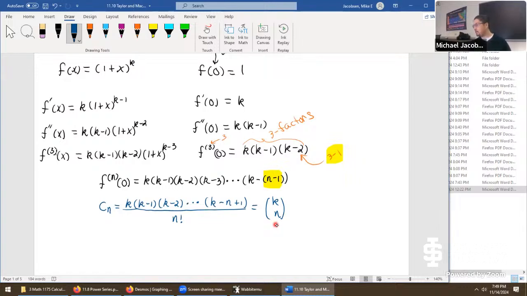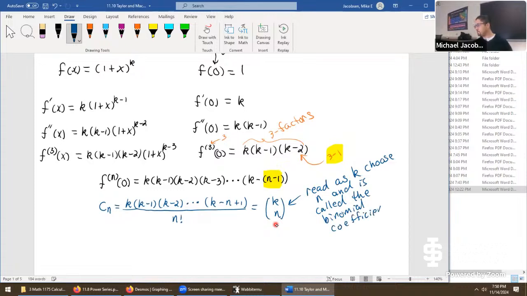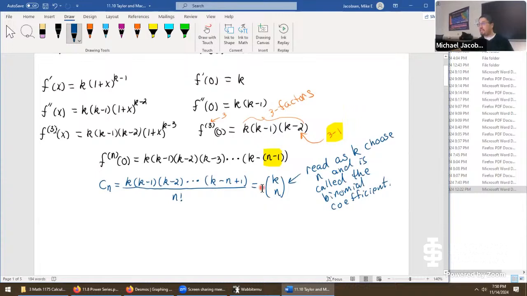This is read as k choose n and is called the binomial coefficient. So we've got either the expanded version. I kind of prefer this, to be honest, because we know what we're looking at. If you've seen the shorthand a lot of times, you might find it's a slick way to write it.